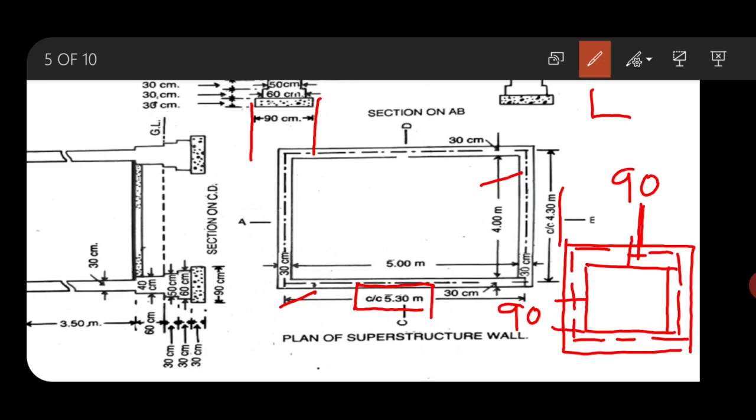So in order to calculate the length of this cement concrete work, we have to find out the out to out dimension of the cement concrete work in long wall. So first we will calculate the quantity of cement concrete work along long wall, and then we will calculate the quantity of the cement concrete work in short wall.